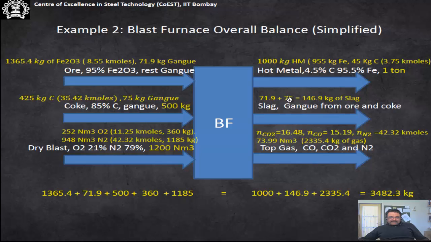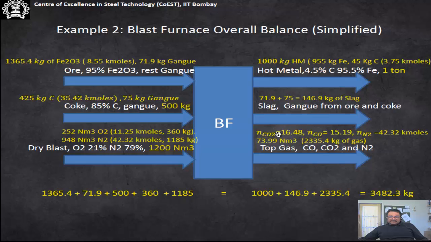And this is the metal, and we know what is oxygen, and the rest has to be nitrogen, and nothing happens to the nitrogen. So if there are 42.32 kilomoles of nitrogen, which correspond to 1185 kg, the same amount of nitrogen has to come out, and this is the CO2 and CO which we calculated.